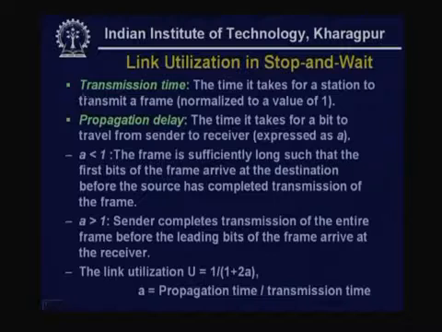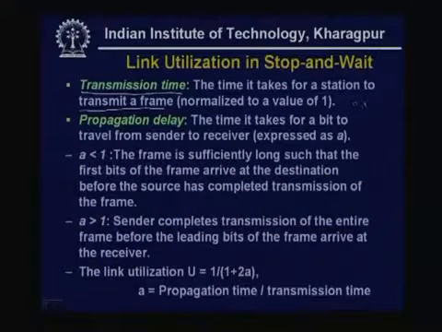One is known as transmission time. The transmission time is the time it takes for a station to transmit a frame. It will depend on what? The time for transmission of a frame will depend on the length of the frame, and also on the rate at which the transmission is taking place.